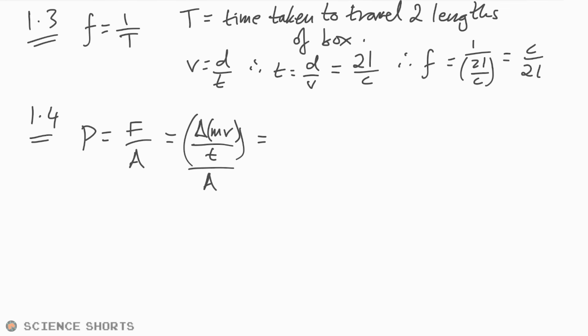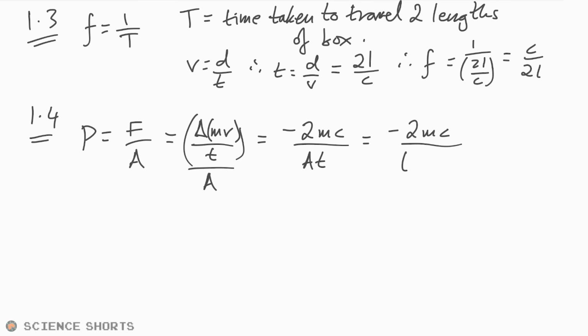And so that's equal to, well, we said our change in momentum is minus 2mc over, let's just say, area times time again. And so that is equal to minus 2mc over the area. Well, it's a square box, or cube, one might say, so the side is a square, so it's just L squared.